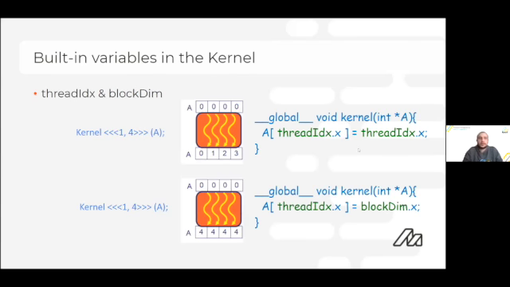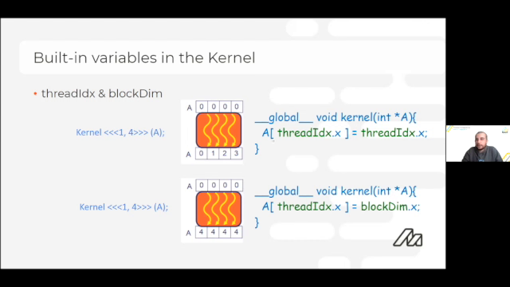So let's see another example. In this kernel, we have value A. Each thread is running this single code. The single instruction that the thread is going to run is to initialize the value of A. So this is the grid size and the block size. And initialize the value of A to your thread ID.